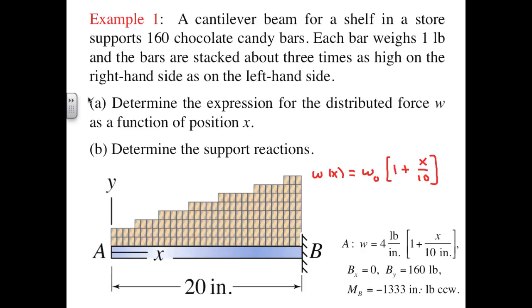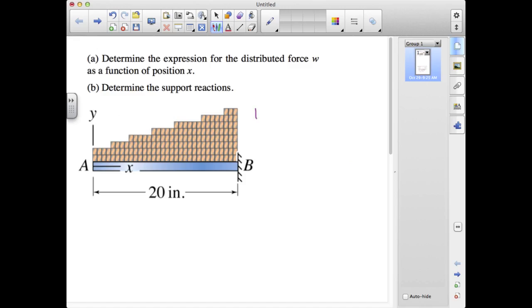We now have to find W0 based on the requirement that the integral of the line load over the beam is 160 pounds. So we have 160 pounds is equal to the integral of W of x dx over the length of the beam. I can pull out the W0, and we're integrating from 0 to 20 inches, 1 plus x over 10 dx.